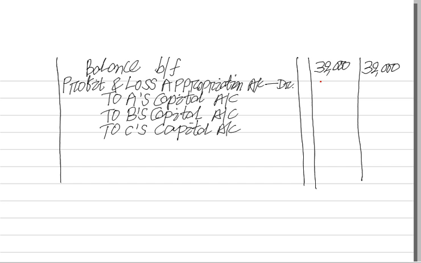This is 1,40,000, the left out portion of the profits, the divisible profits: 50,000 for A, 44,000 for B and 46,000 for C, as we have already distributed in the profit and loss appropriation account.